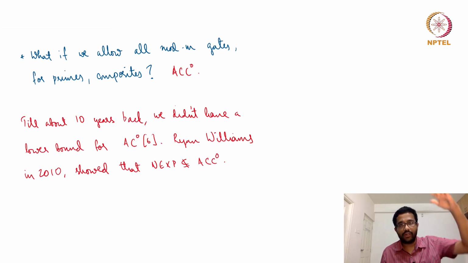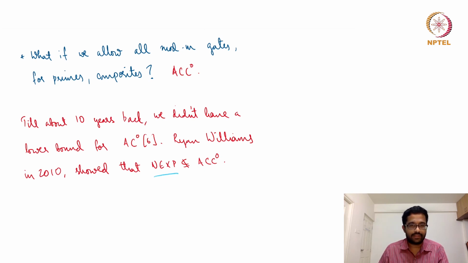He had to go all the way to NEXP, that is non-deterministic exponential time, to show that there is a language in NEXP that is not computable by AC0[6]. AC0[6] means AC0 circuits along with mod 6 gates.